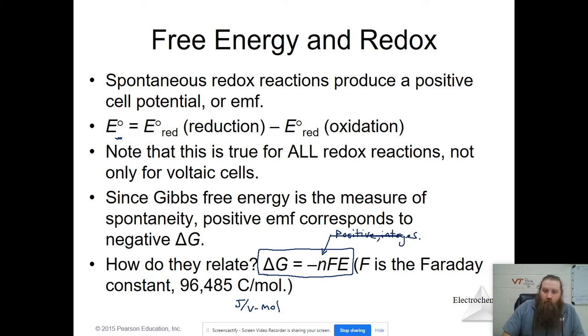A positive integer, and it represents the number of electrons transferred in the reaction. And E is your EMF. So it's the thing that we calculate when we do the reduction potential of the reduction side minus the reduction potential of the oxidation side. Okay?